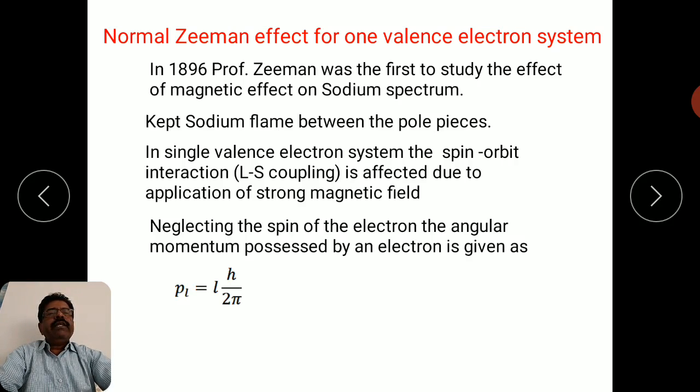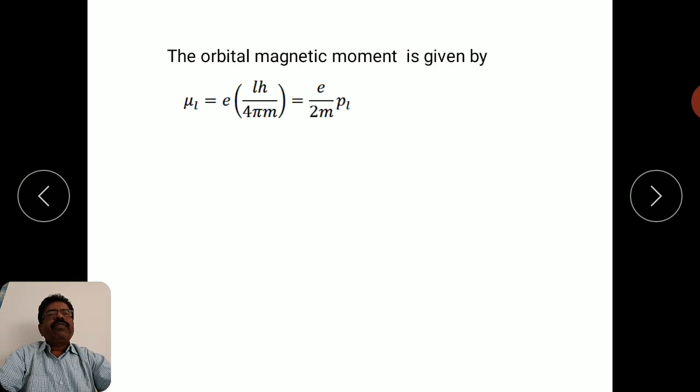So we have to neglect the spin of the electron, and the angular momentum possessed by an electron is given by vector PL. If it is representing the angular momentum, PL is equal to Lh upon 2 pi. So the orbital magnetic moment is given by mu L, and these derivations we already solved earlier.